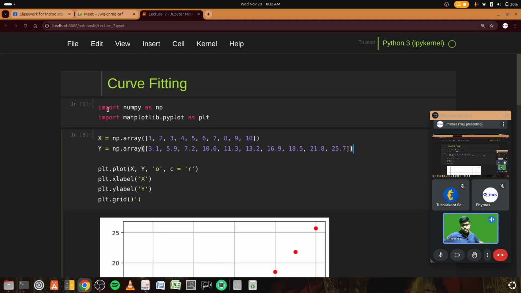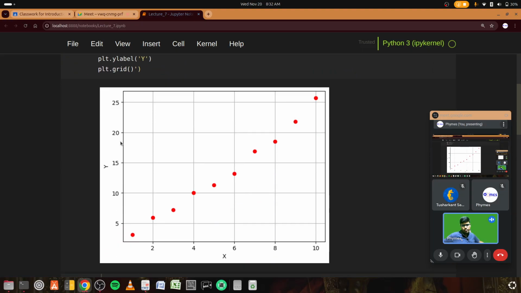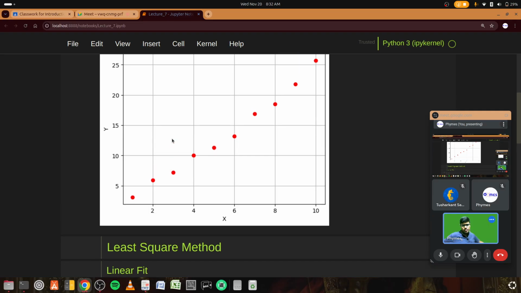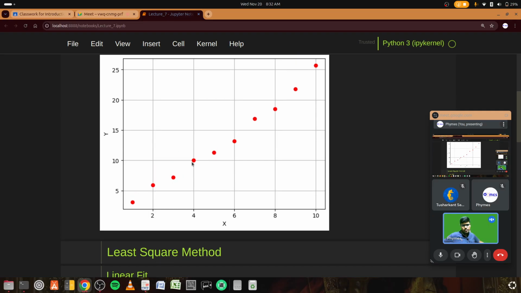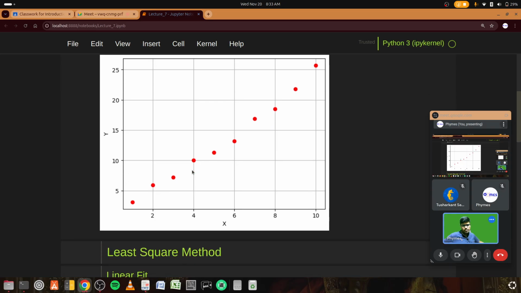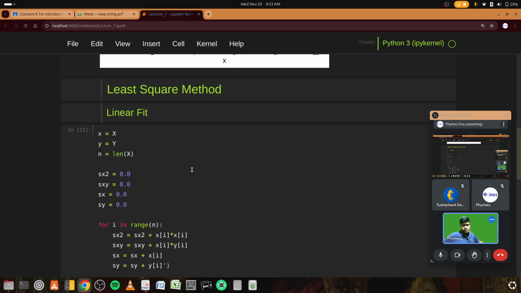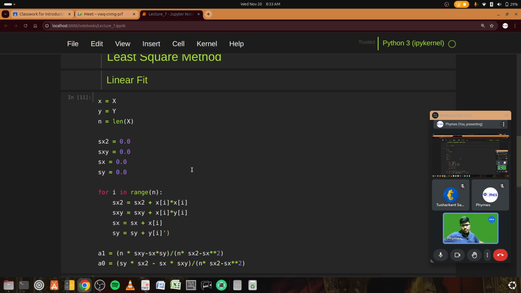First we are importing numpy as np, then matplotlib pyplot as plt to plot the data points. So first we are plotting these data points here. They are not in a straight line, but we are going to fit these data points with a straight line, and the method is the least square method, and we are going to do the linear fit.